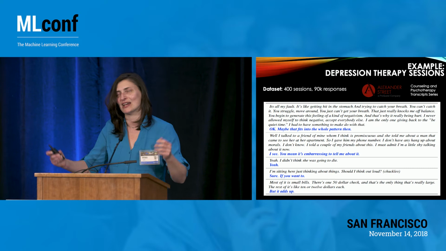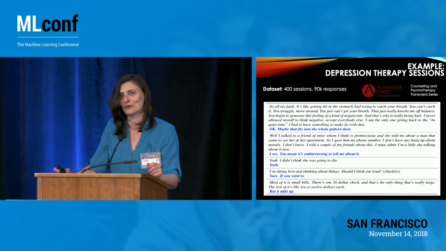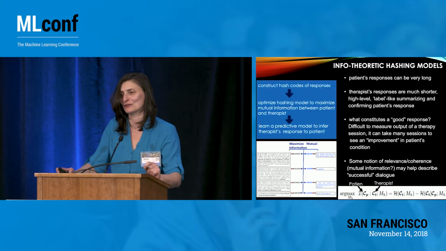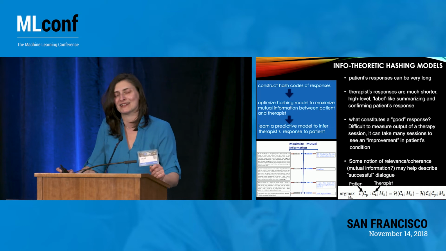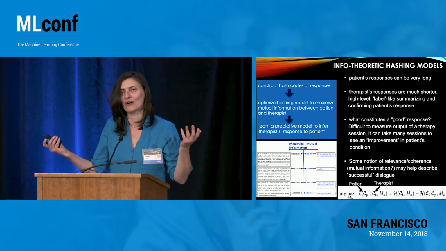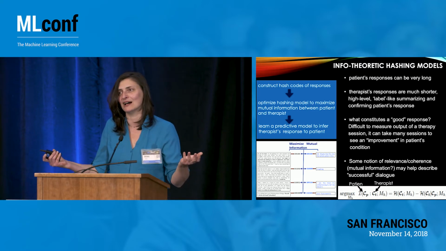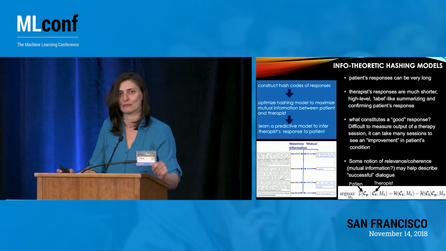You can also say that the therapist, abstractly speaking, may try to maximize mutual information between what he's saying and what the patient is saying. Another good thing about maximizing mutual information is that if you see what the patient said, predicting what the therapist should say will be easier, if you build representations of the text that allow those responses to be maximally informative about each other.